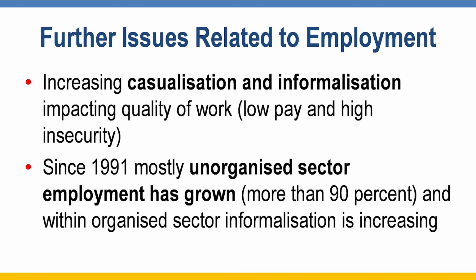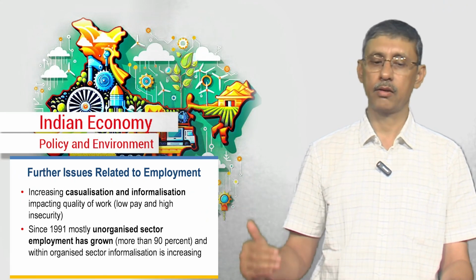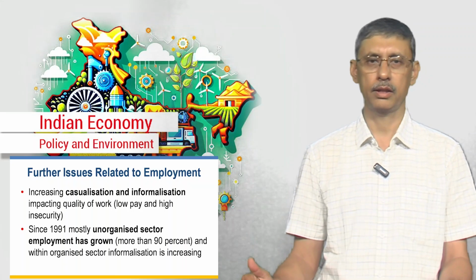Since reform, the kind of employment we see is mostly in the unorganized sector. Unorganized sector employment now constitutes more than 90% of our employment. And most importantly, within the organized sector, there is increasing informalization. For instance, if in the organized sector a regular post gets vacant, it is being filled up by contractual staff.